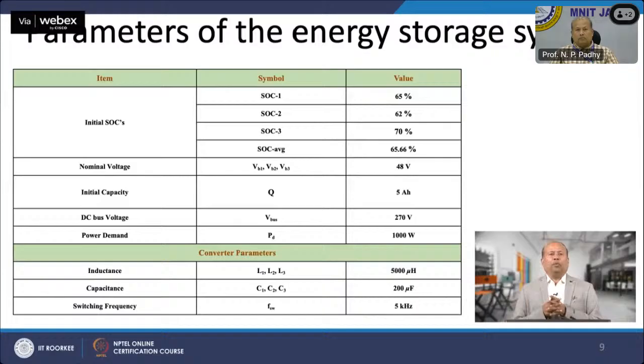The nominal voltage for the 3 modules is 48 volts. The capacity of each module is taken as 5 ampere-hours, and the initial DC voltage is 270 volts. Initial power demand is 1000 watts. The converter parameters are an inductance of 5000 microhenries and a capacitance of 200 microfarads, with a switching frequency of 5 kilohertz.